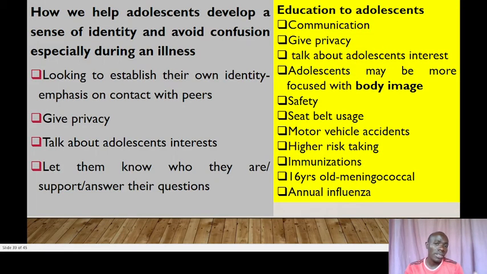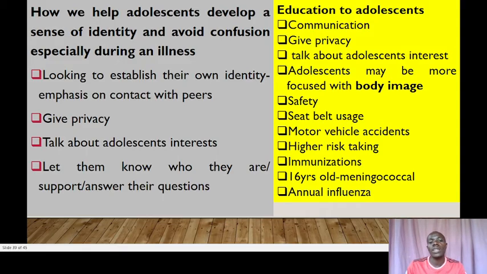Okay, so how can you help adolescents develop a sense of identity and avoid confusion, especially during an illness? Remember, they are looking to establish their own identity. They emphasize contact with peers. Give them privacy, guys. I know at this time maybe the parents could be feeling, oh, this is still my baby, I have to be there. Sometimes they need their privacy, guys.